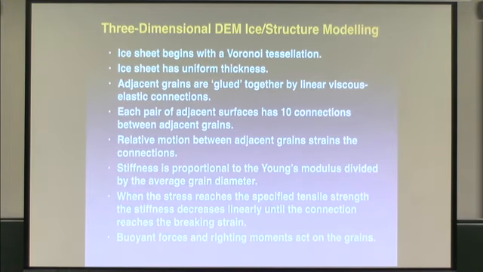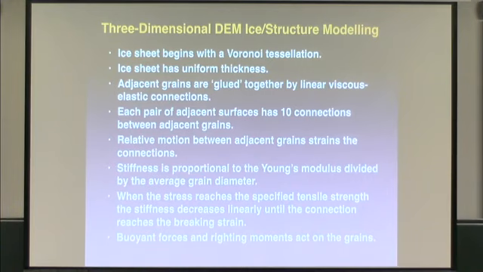So, three-dimensional ice modeling. The ice sheet begins with a Voronoi tessellation. The sheet has uniform thickness. The adjacent grains are glued together, so the joint between two grains is a rectangle. The rectangle has 10 connection points, which are located pretty much at the top and the bottom of the joint.